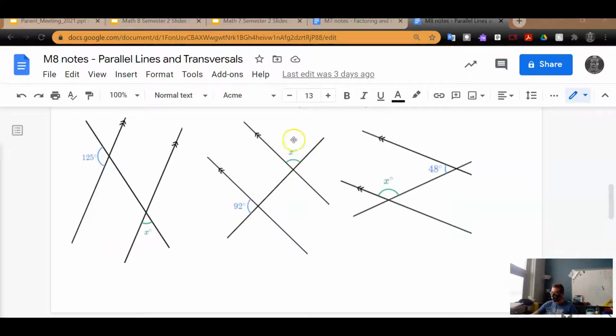Adam, what about this X over here in the middle? 88, because it is supplementary as well. And Ben, what about our final X here? 92. We have to figure out the supplement of 48, so we're going to do 180 minus 40. Let's do 180 minus 50.